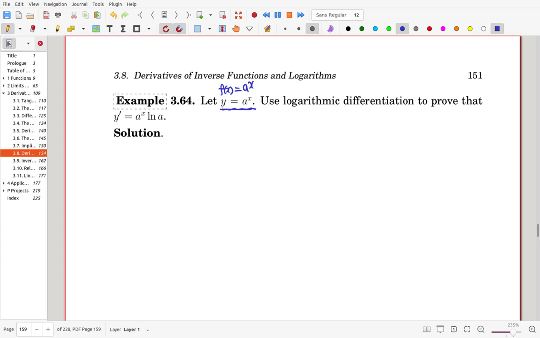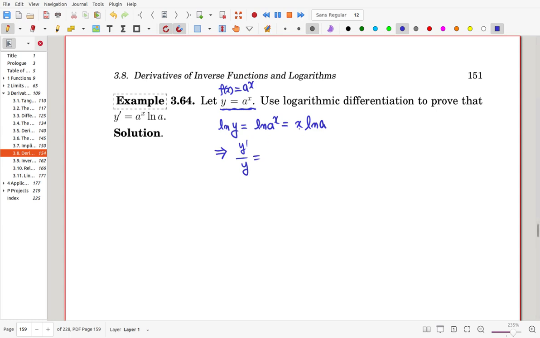Exactly the same, you start with y equals a to the x and apply the logarithm to both sides, then the natural logarithm of a to the x, which is the same as x times the natural logarithm of a by using the power law. Now we differentiate with respect to x, and since y is a function of x, we get y prime over y, f prime divided by f.